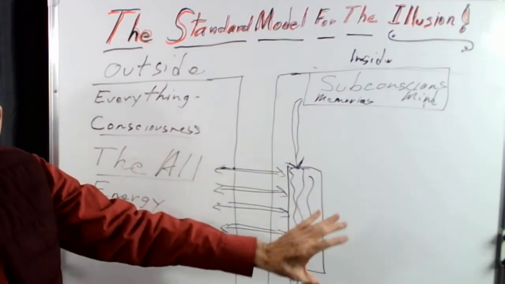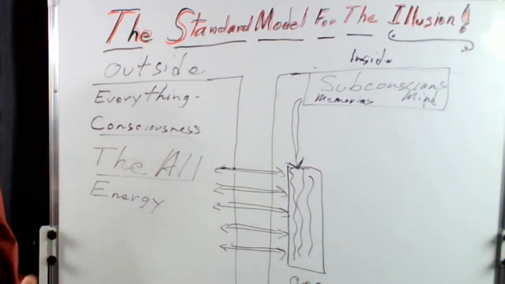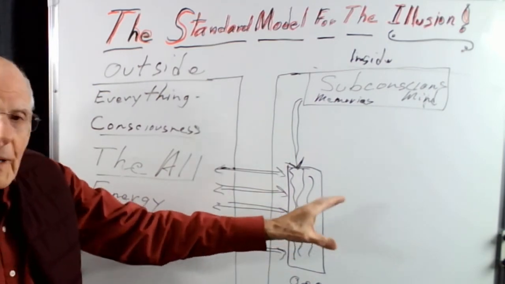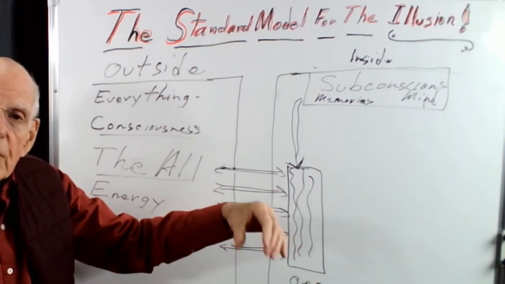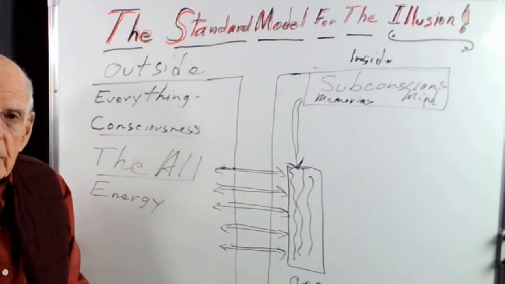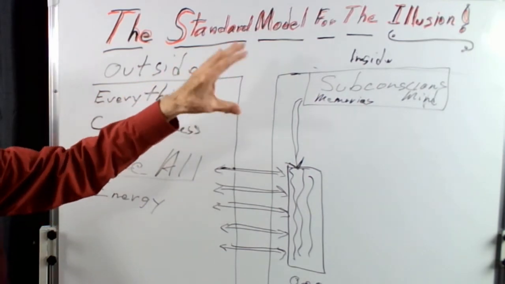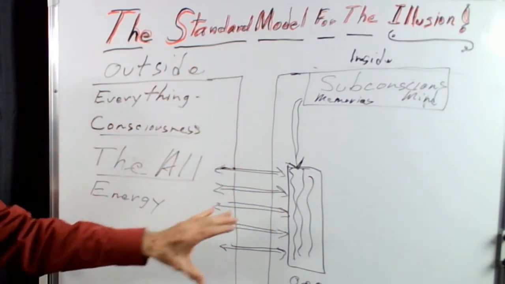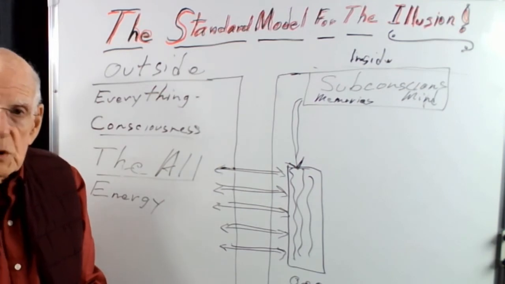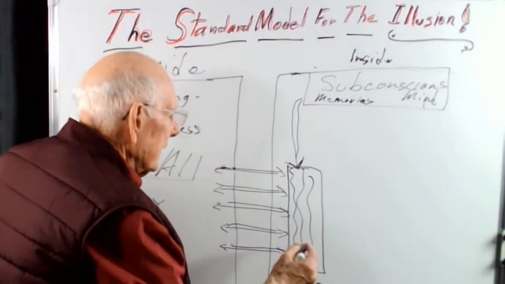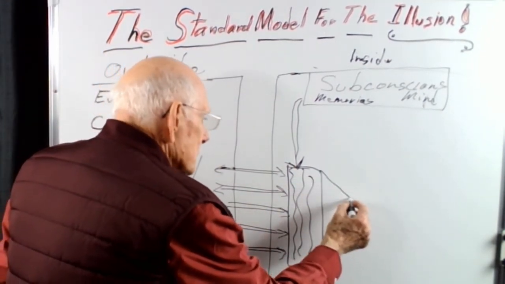I've shown it different ways, and I probably will in the future too. But you have some idea that there is a thought process behind it. I just didn't make it up. There is a model, a standard model, and how this illusion works. So we're getting out of the filter system.